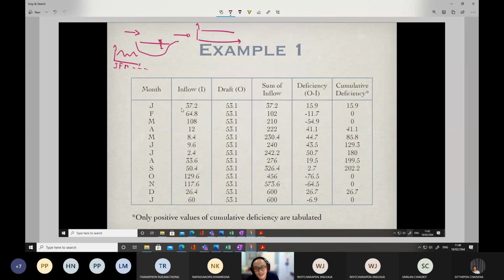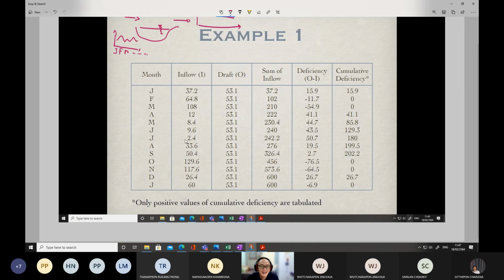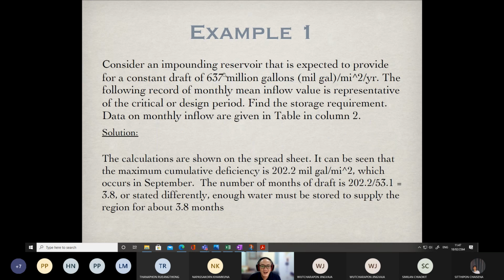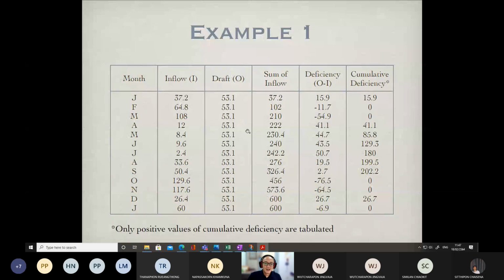What kind of consumption, I don't know, but they at least require this amount, 637 million gallons per year, to be used for various purposes.